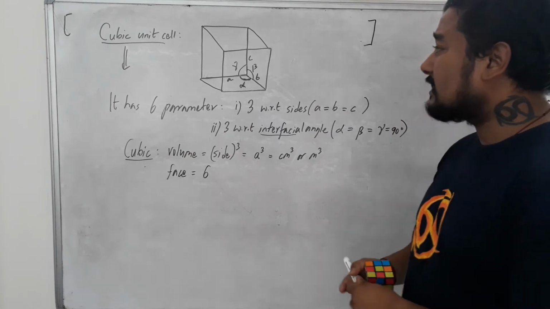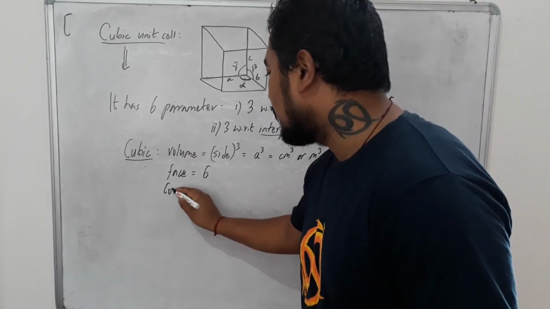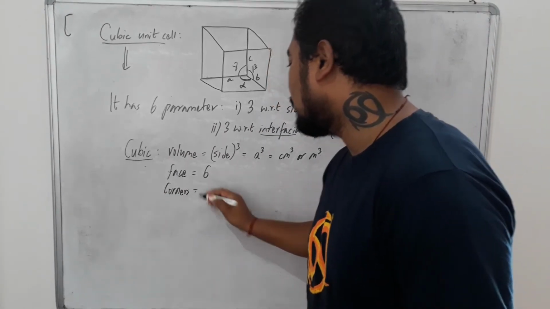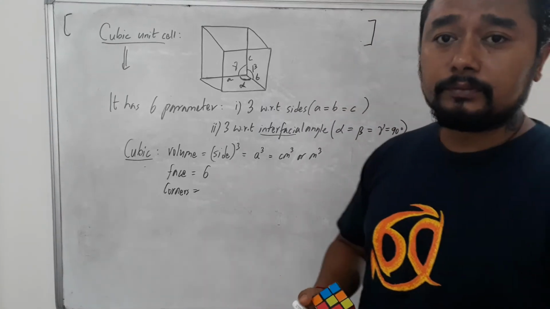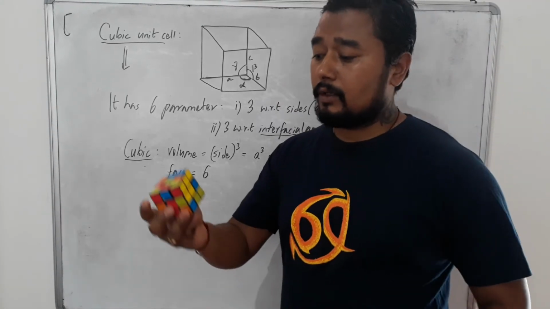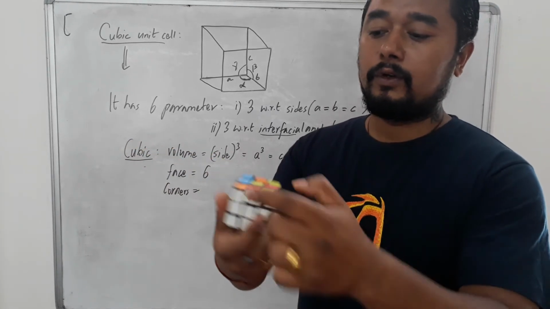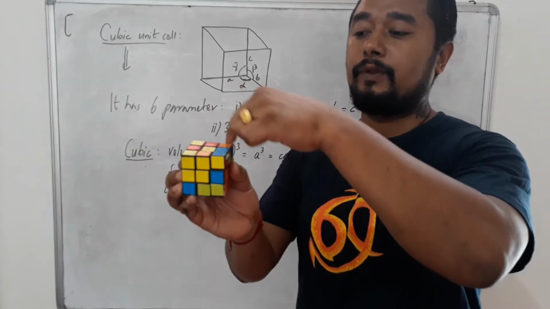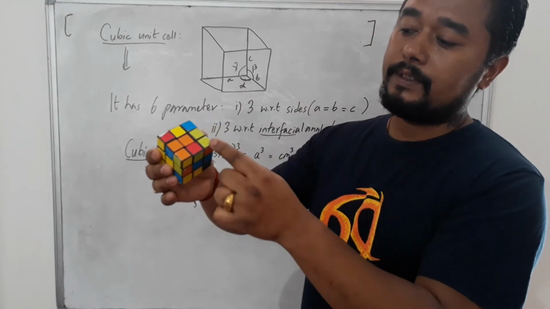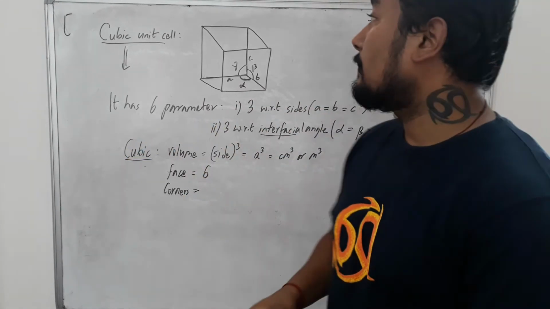Now let us see how many corners there are in a cube. You can see out here the corners are this one. 1 corner, 2 corner, 3 corner, 4 corner. Below 5, 6, 7, 8. So do remember cube has 8 corners.